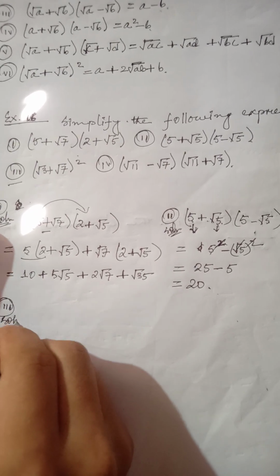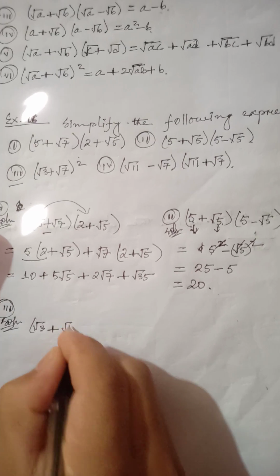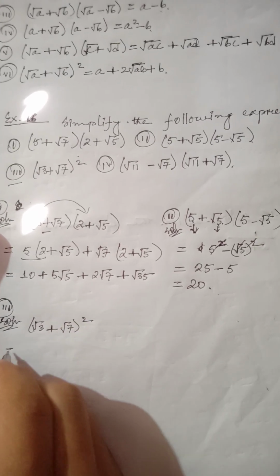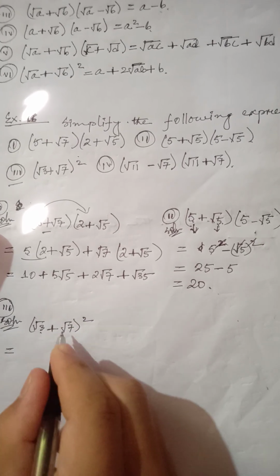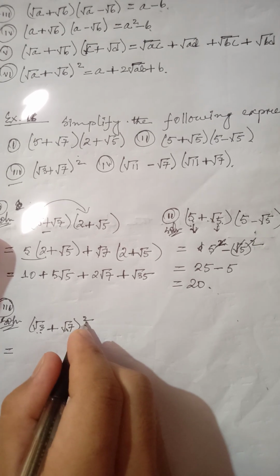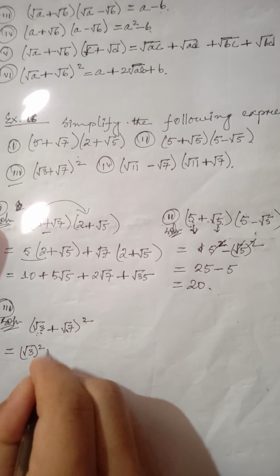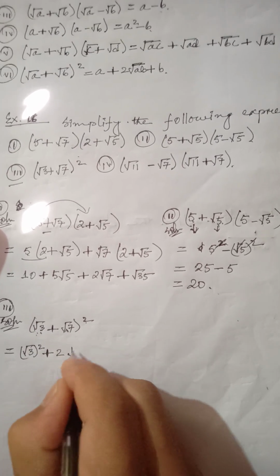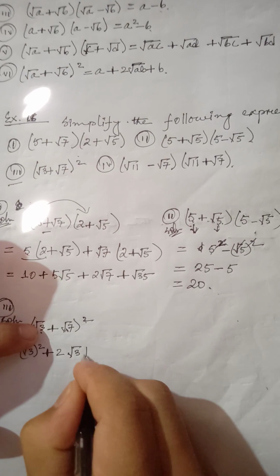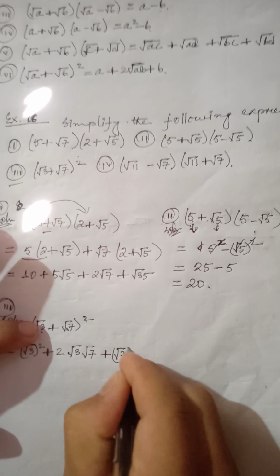In number 3 we're given root 3 plus root 7, all squared. Let us solve this one. Let us assume that this value is a and this value is b. A plus b whole square, we can say like this: root 3 square plus 2ab, where a is root 3 and b is root 7, then root 7 whole square.